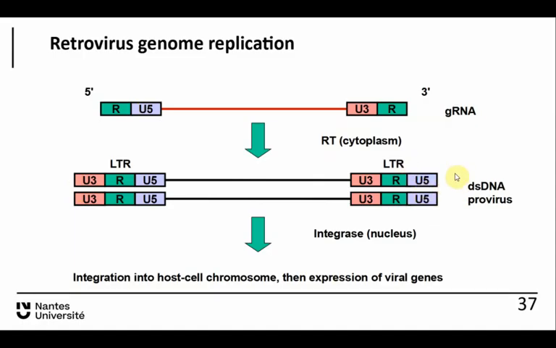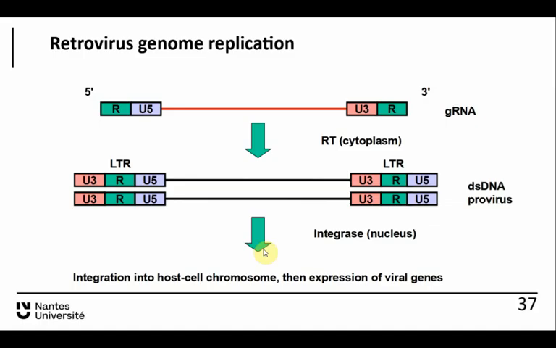So in the double-stranded DNA provirus, you don't have this RU5 and then U3R. You have the same sequence, the same long terminal repeat sequence, LTR, at each end. And then this is what gets integrated into the host genome.